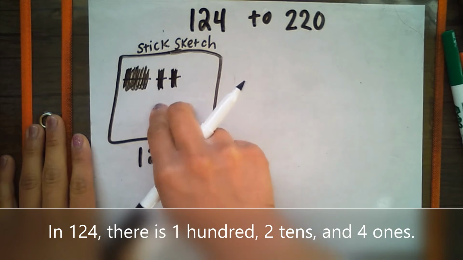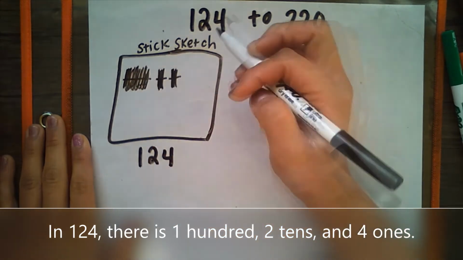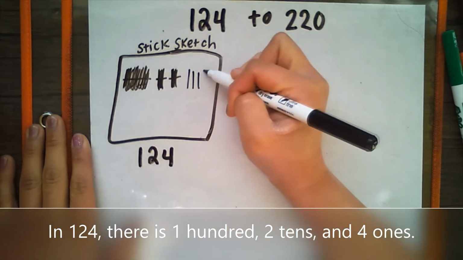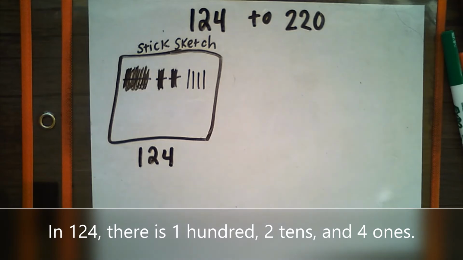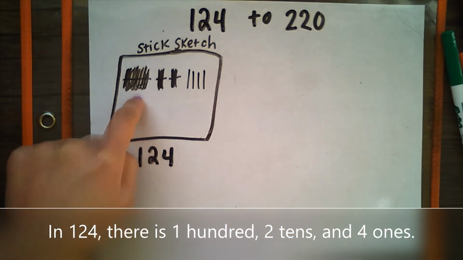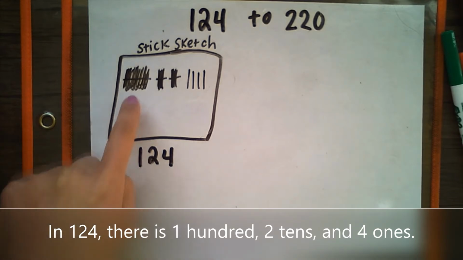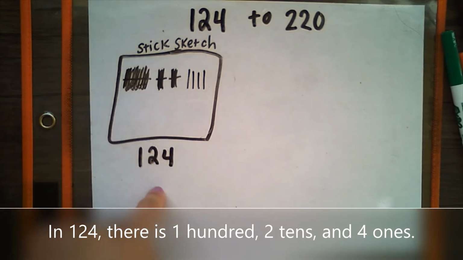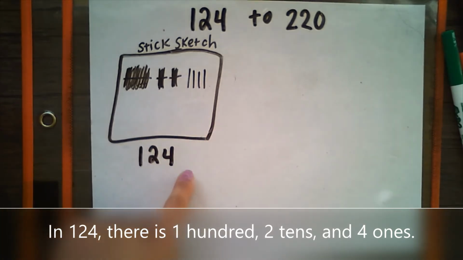So I have 2 10s there. And then I have 4 ones in 124. So I labeled that 124, and I know I have 100 in 124, 2 10s in 24, and 4 1s in 24.